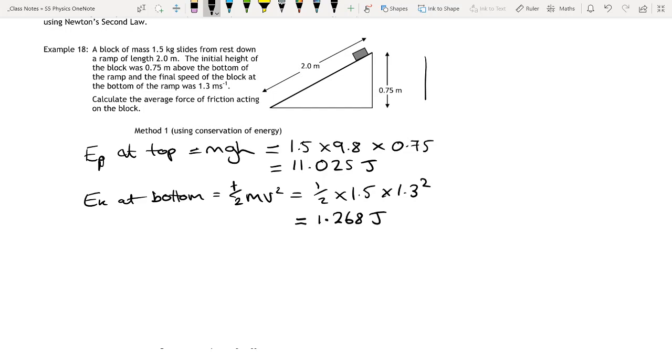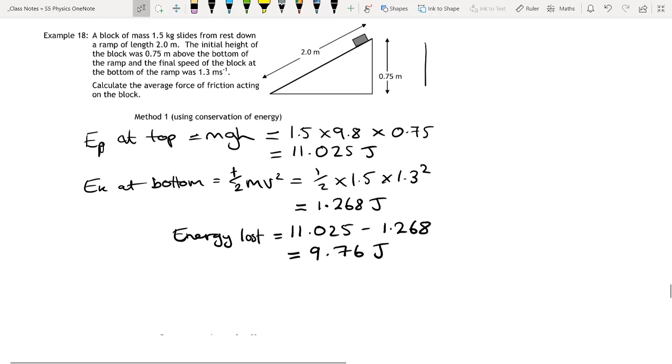So we've got obviously more energy at the top than we have at the bottom, quite a lot more energy. So the energy lost is the difference between them, which comes to 9.76 joules.